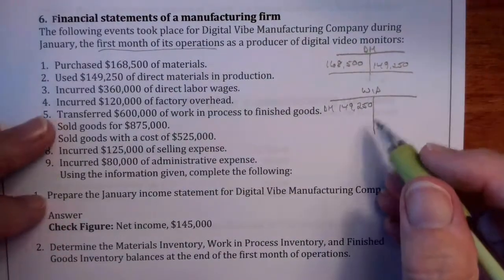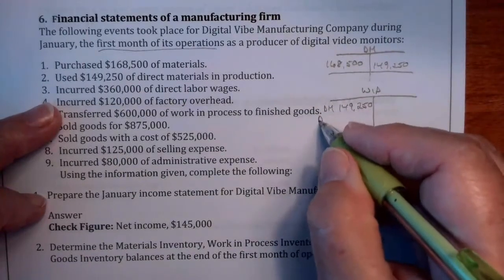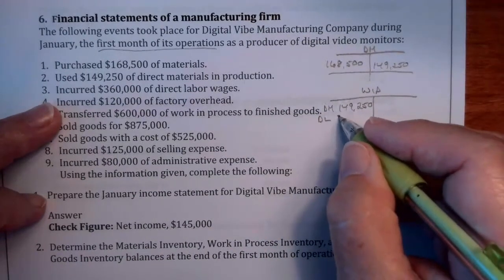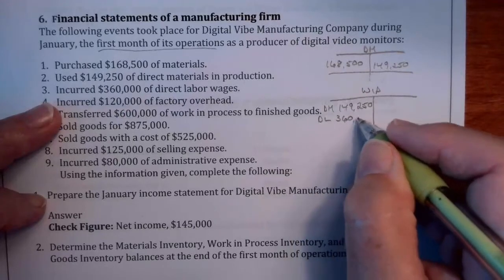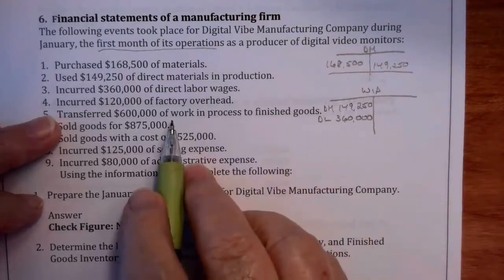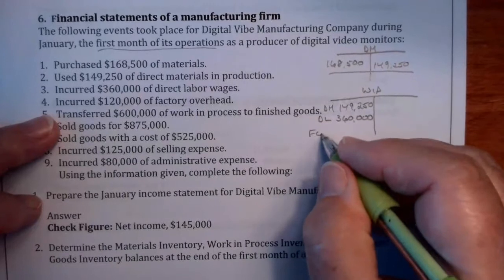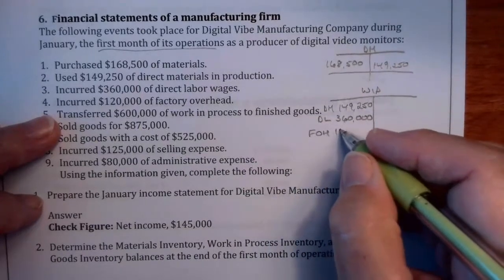Then they incurred $360,000 of direct labor. So I'm going to have direct labor of $360,000. Incurred factory overhead of $120,000. So I'm going to have factory overhead $120,000.